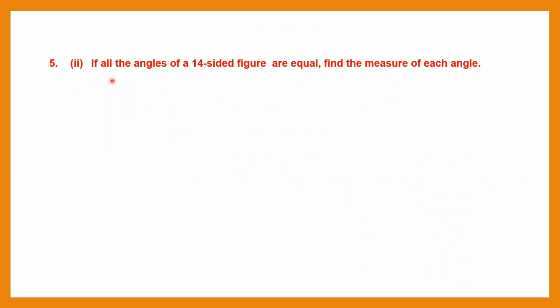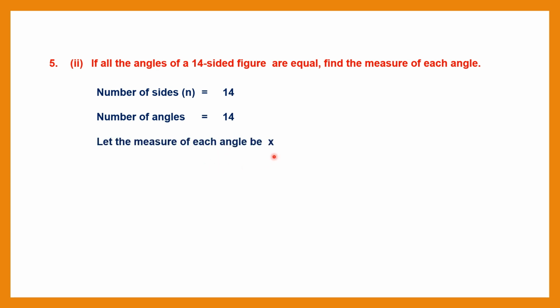Second part, if all the angles of a 14-sided figure, now we are talking about a figure which is 14-sided, if they're all equal, find the measure of each angle. So here again, number of sides is 14, number of angles is also 14. So let the measure of each angle be x. Then we can use this formula.